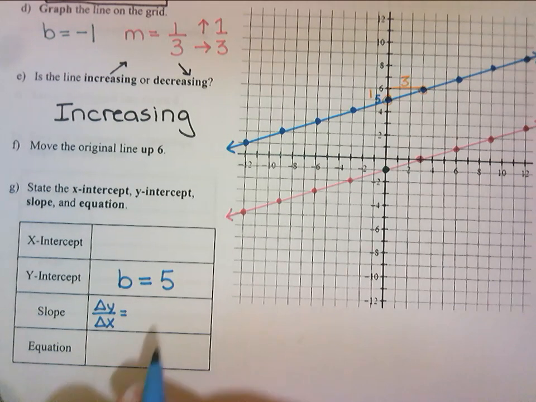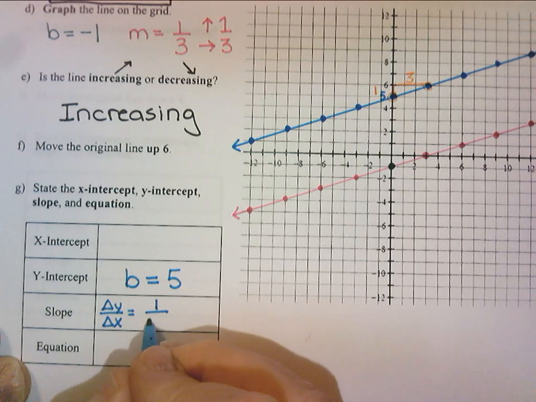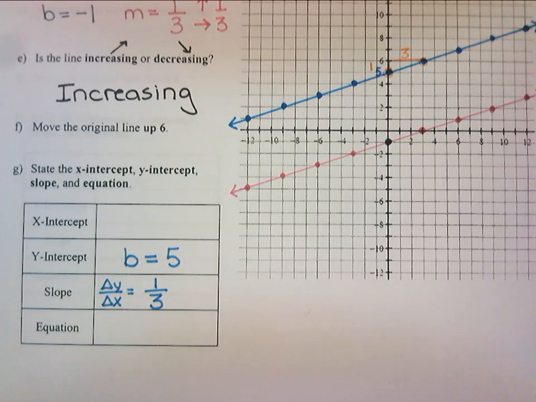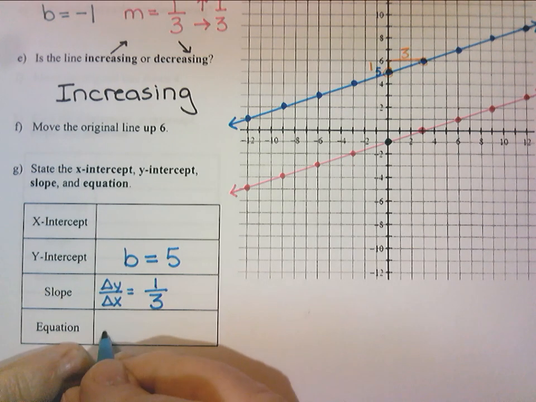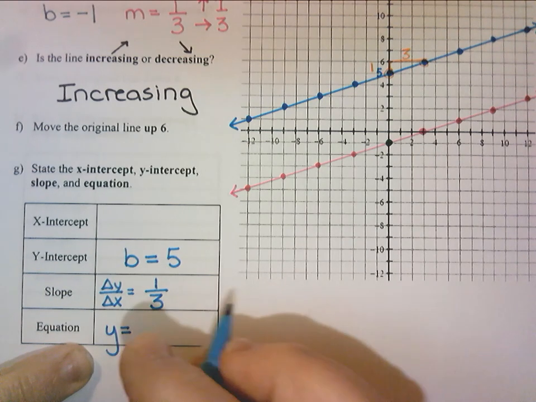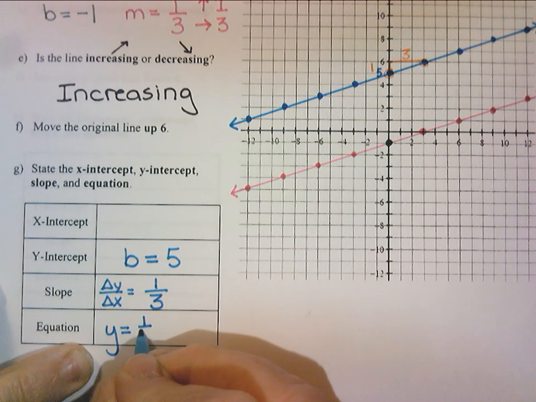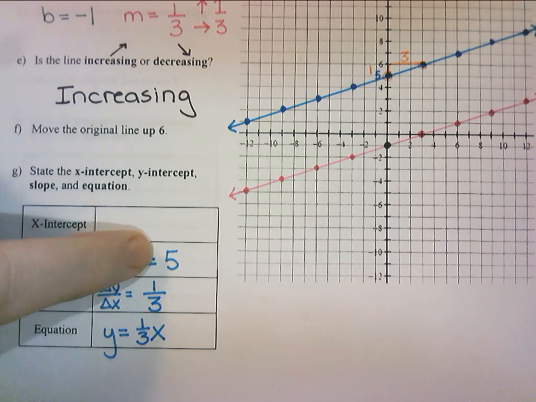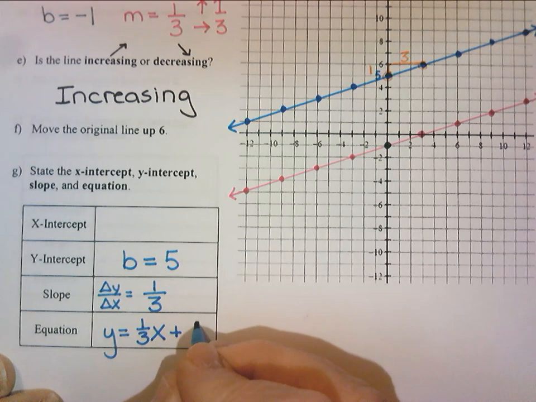So we're going up 1 and over 3. That does not need to be reduced. 1 does not divide evenly by 3, so I'm just going to leave it as 1/3. And then our equation would be y equals our slope, 1/3, times x, plus b, which is 5.